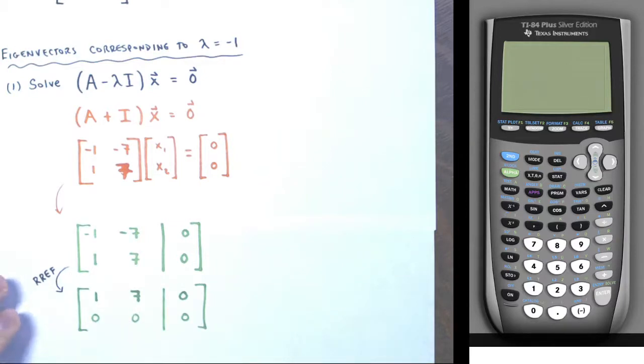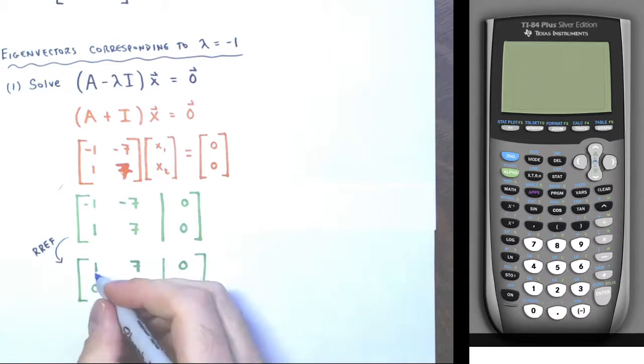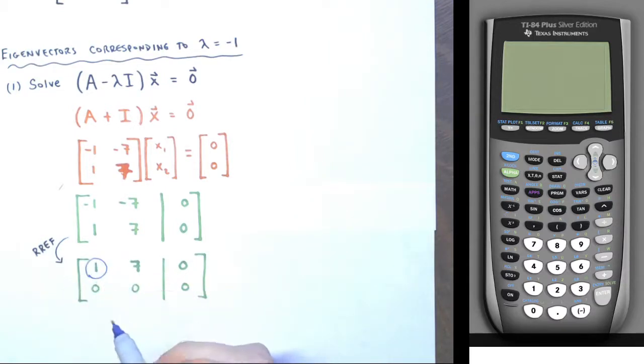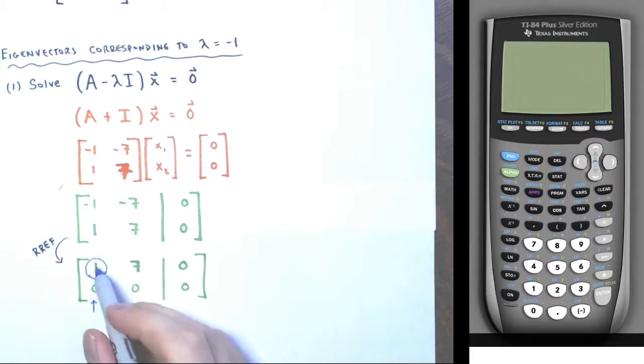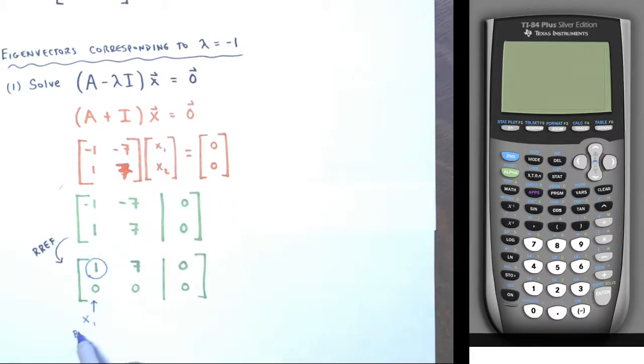This is in reduced echelon form, and then I can use this to find solutions to this equation. So from the first row, look at your pivots, those leading non-zero ones in any row. The first column is a pivot column, meaning that my first variable, the x1 that I put up here, is a basic variable.